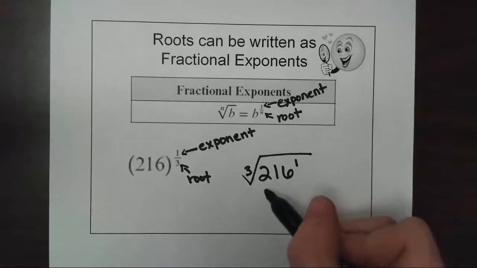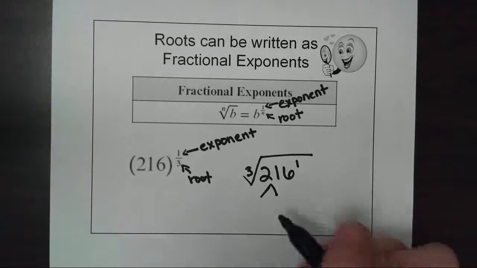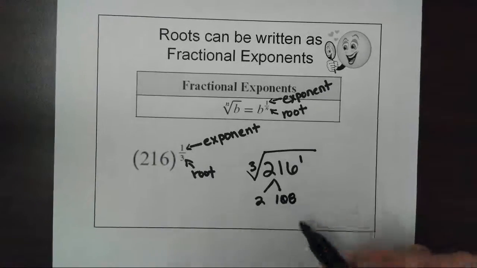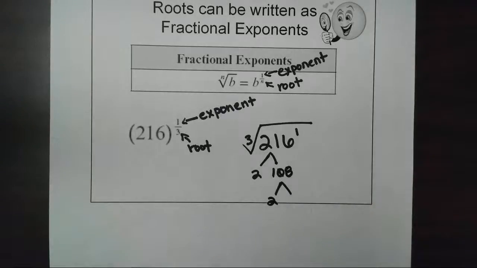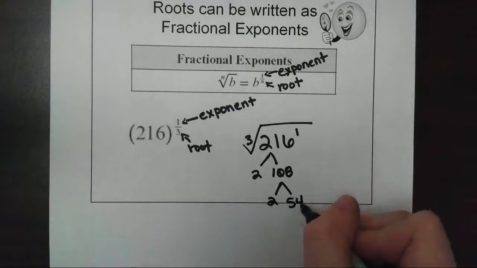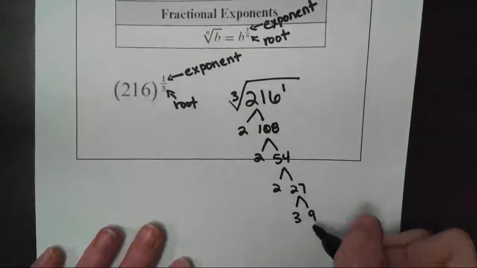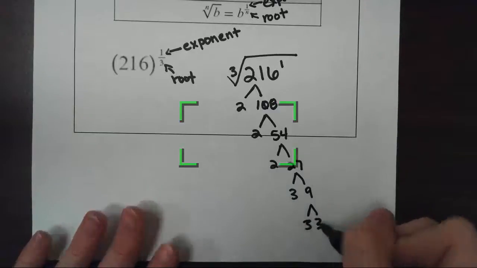Now when I simplify the cubed root of 216, of course I'm going to factor it. That gives me 2 and 108. That gives me 2 and 54. 2 and 27. And then I've got 3 and 9. Move down here. And then another 3 and 3.